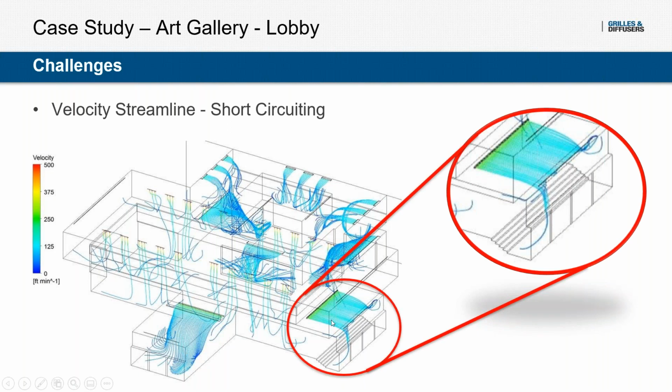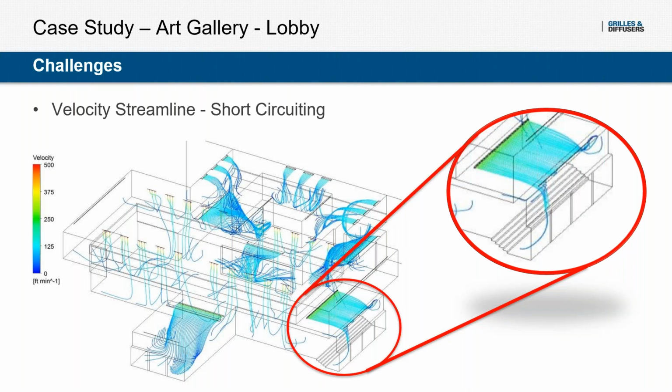But if we zoom in on the entryway on the right-hand side, we can see that what's happening here is we're actually short-circuiting that supply air directly into that return slot, so that supply air isn't making it into the occupied zone, isn't making it into the lobby, it's going straight into the return.